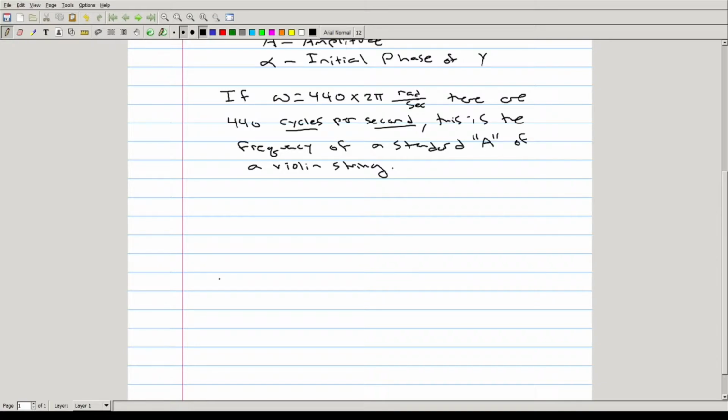And this brings us to this idea of what are called overtones, which are simple motions or tones of multiple frequencies.